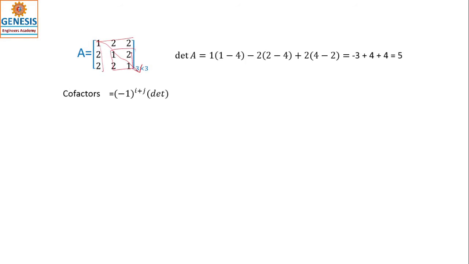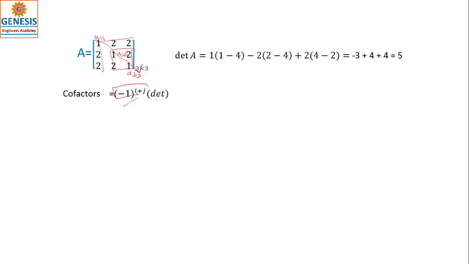This is not the total determinant A, it is a particular minor. So this is A11, this is A22, this is A33. In this case, i is equal to 1, j is equal to 1; i is equal to 2, j is equal to 2; i is equal to 3, and j is also equal to 3. And this comes to 2, 4, 6, sums of i plus j.